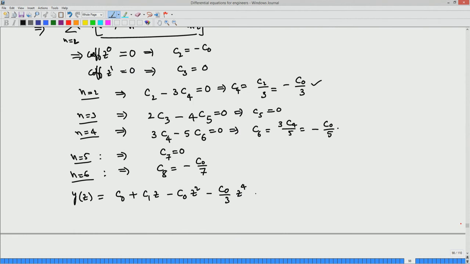C5 is 0, C6 is again minus C0 by 5, z power 6, C7 is 0, again C8 is minus C0 by 7, z power 8, and so on.